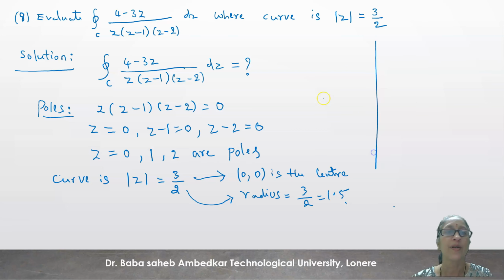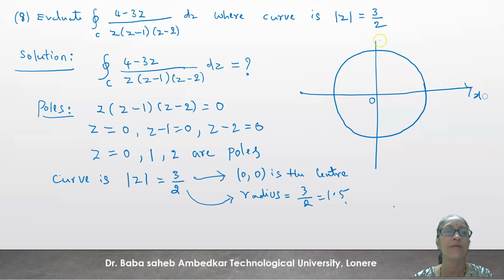So let us plot this circle with center 0, 0 and radius 1.5. Okay, now let us check whether these poles lie inside the circle or outside the circle.